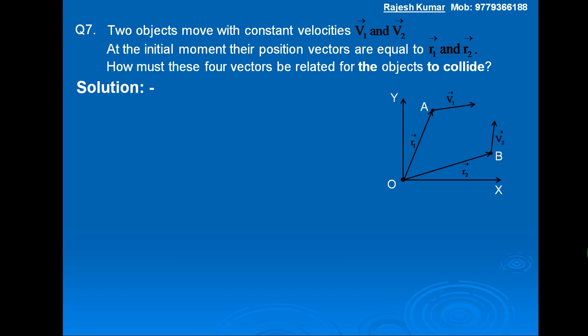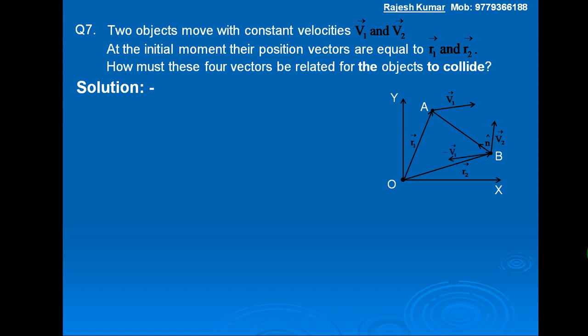Now for the objects to collide, the direction of velocity of object B must be directed toward the object A. If A is moving with the velocity v1 and A is supposed to be at rest, B gains another velocity minus v1 vector.